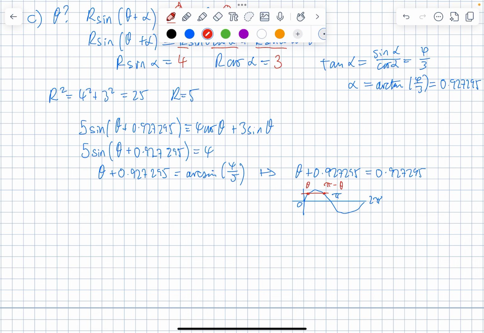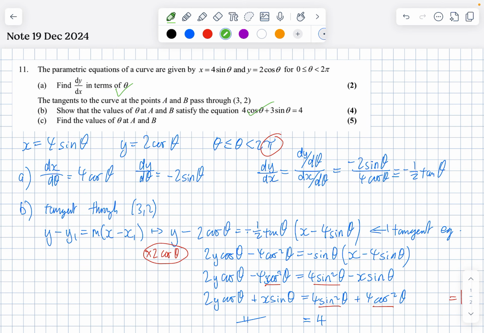So we need a second solution, which is pi minus 0.927295, which gives us 2.214297. Now finally, theta is equal to our answer minus 0.927295, so we get that theta is equal to 0, or theta is equal to 1.287, which is roughly 1.29 to 3 significant figures. Okay, so that's part C taken care of.